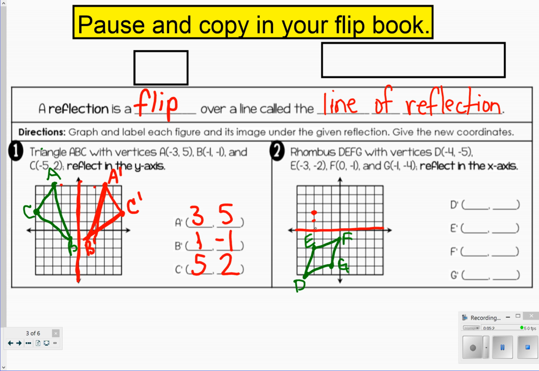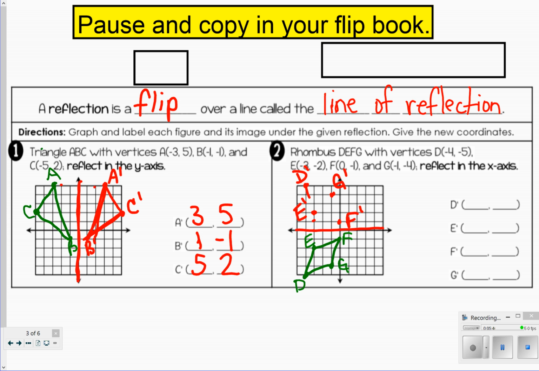And then D is 1 spot over from that and all the way to the edge, so here's my D prime. F was 1 down from that location, so it's going to be 1 up. So that's F prime, and G is over 1 and almost to the edge right there, and that's G prime.